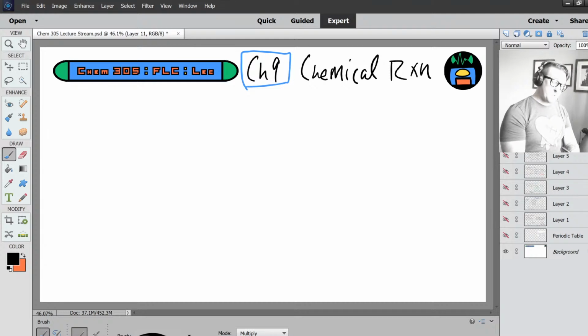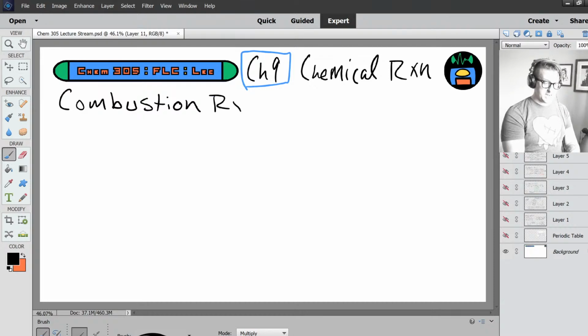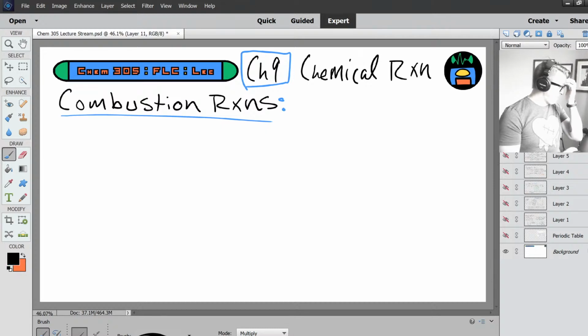All right. One reaction, though, even if you do not take any further chemistry classes, you will most likely still have experience with combustion reactions. Combustion reactions are a staple of our everyday life, unless you're driving a Tesla. This is how our cars move around.